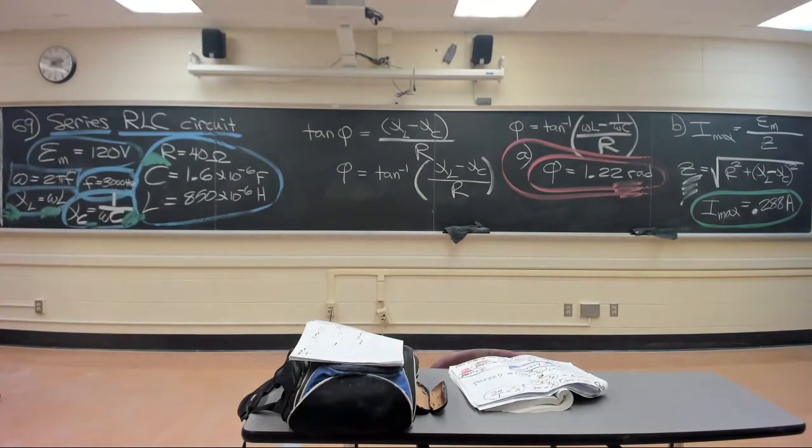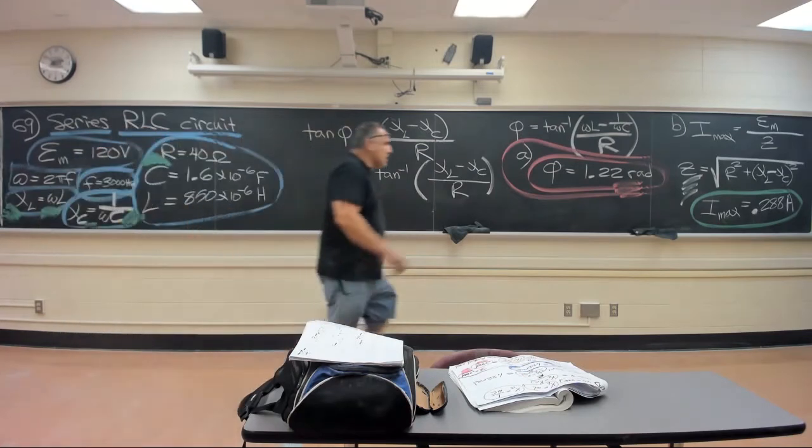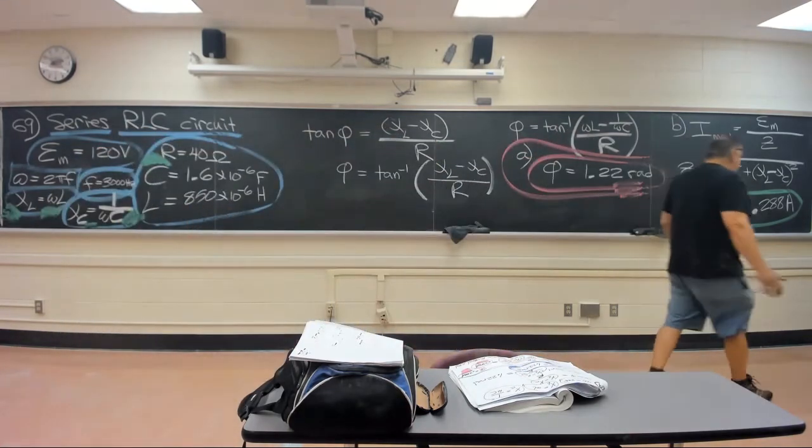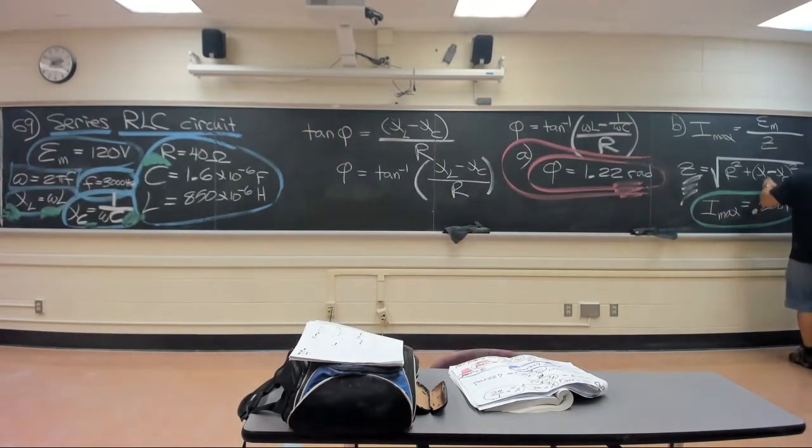If this was in resonance, it would behave as though the XL and XC weren't there, as far as the maximum current is concerned. If X sub L and X sub C were equal to each other, that'd be 0. 0 squared is 0.